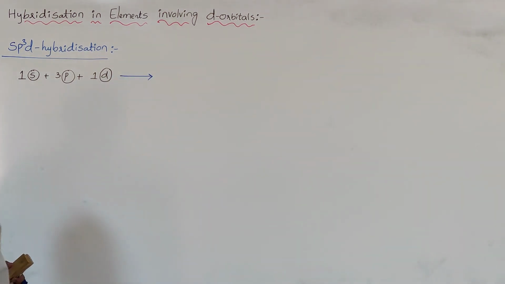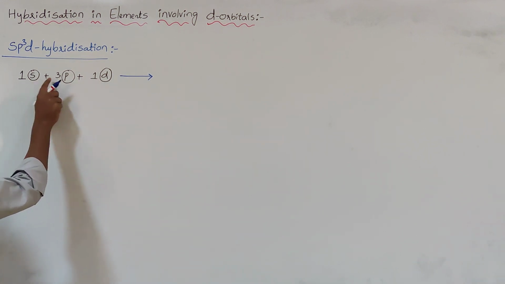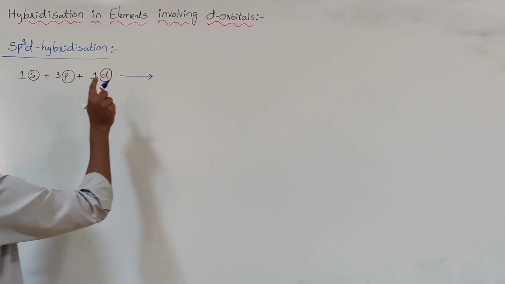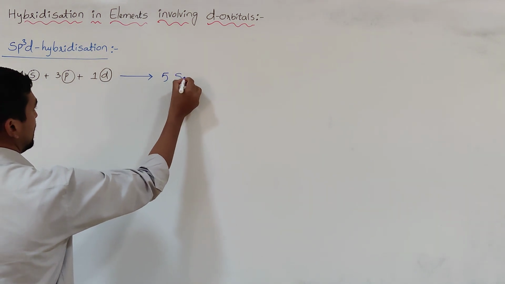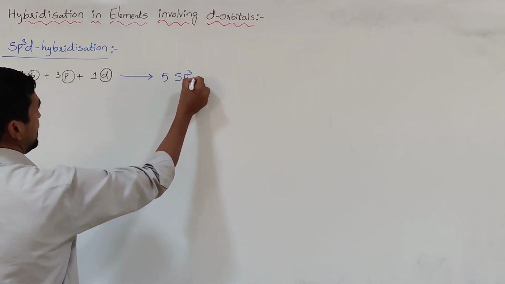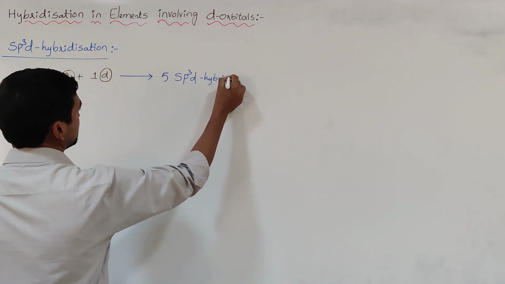That results in the formation of a new set of orbitals: 1 plus 3 is 4, 4 plus 1 is 5, totally 5. So here 1 s, 3 p and 1 d form sp3d hybrid orbitals.